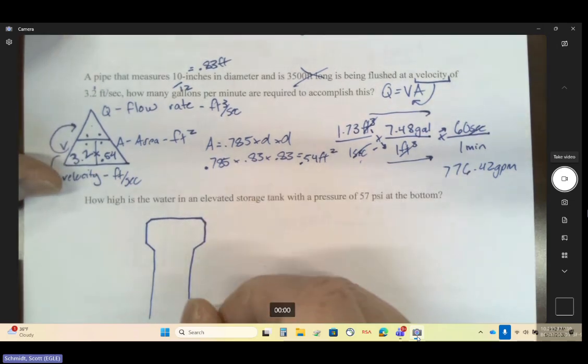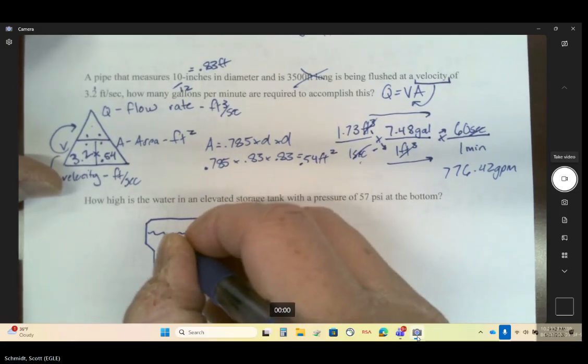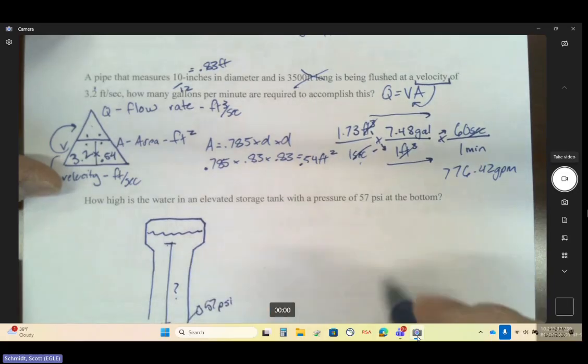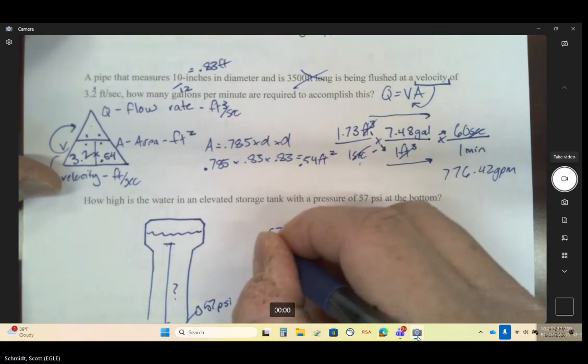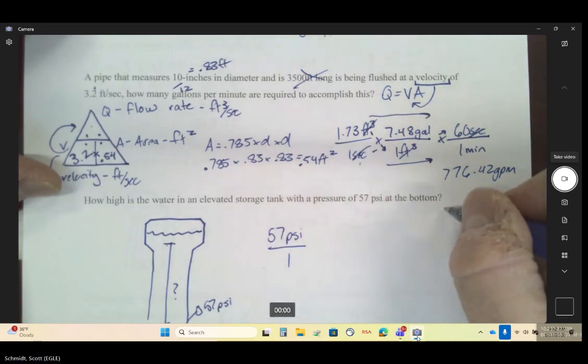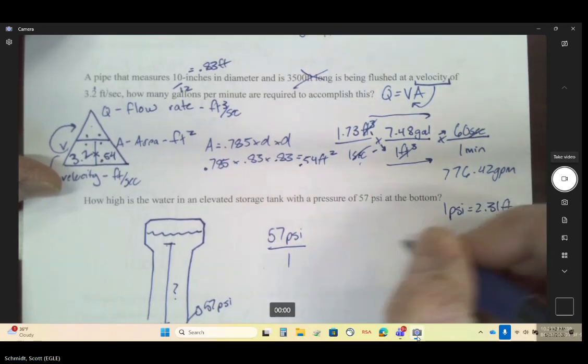But anyway, at the bottom here, this is 57 psi. So what we're looking for here now, we're looking for the height of the water. So I'm going to take my 57 psi, put it over 1. Well, I know that 1 psi is equal to 2.31 feet.